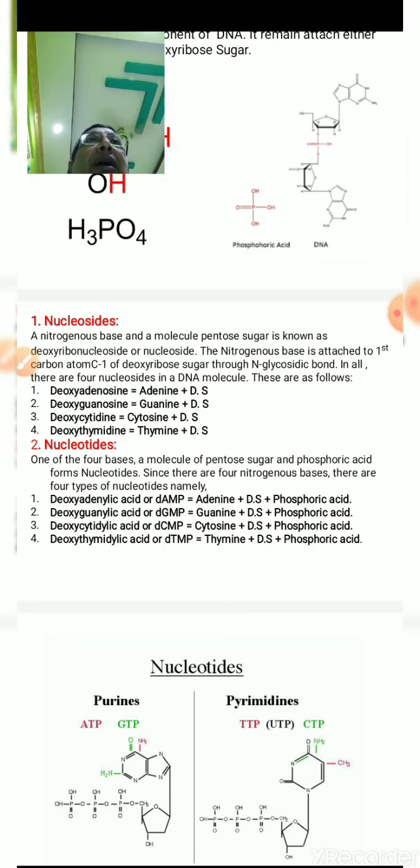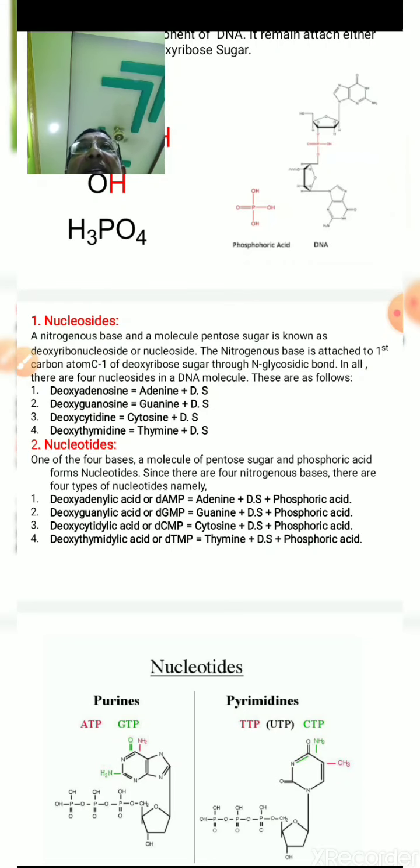In all, there are 4 nucleosides, since there are 4 types of nitrogenous bases: deoxyadenosine, adenine plus deoxyribose sugar; deoxyguanosine, guanine plus deoxyribose sugar; deoxycytidine, cytosine plus deoxyribose sugar; and deoxythymidine, thymine plus deoxyribose sugar.